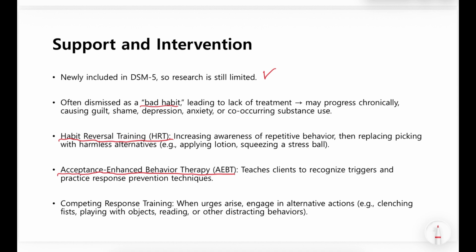Finally, there is competing response training. When the urge to pick arises, individuals are encouraged to engage in alternative actions such as clenching their fist, playing with objects, reading, or using other distracting behaviors.